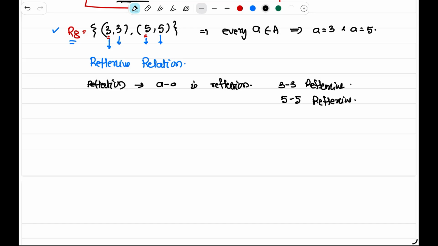For every a, what should the relation be? What are the a's here? The a's in A are 3 and 5.